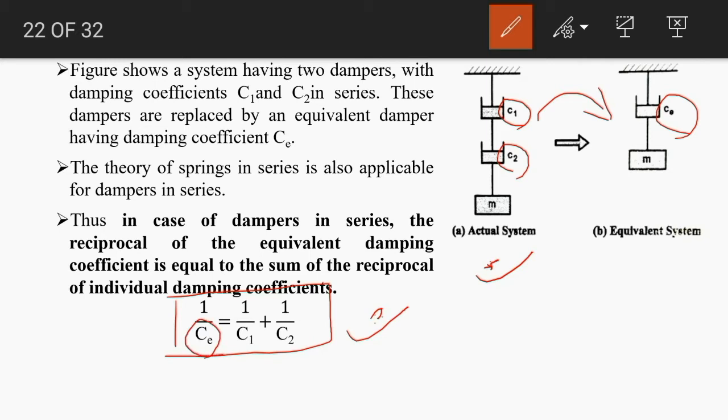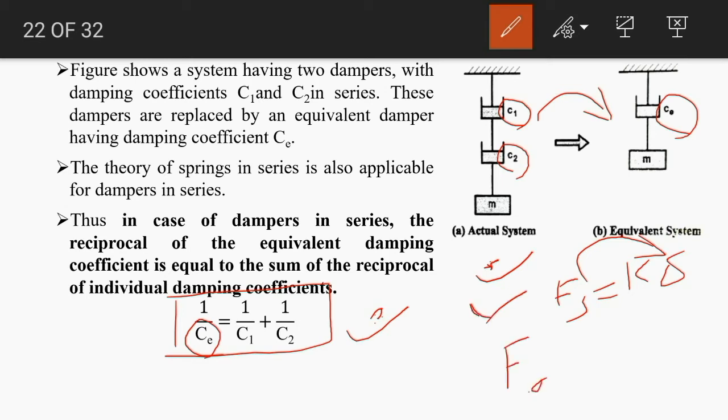The same theory as in the case of springs in series is applied, because in a spring system we know that Fs, the spring force, is equal to K into delta. It means it is directly proportional to the displacement of the spring, so it has linear behavior.